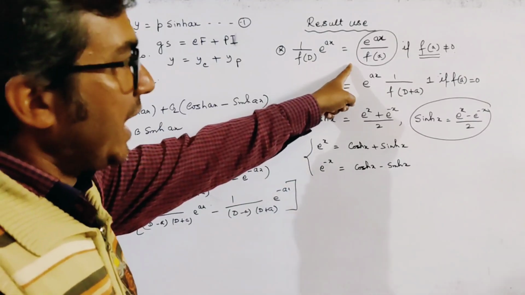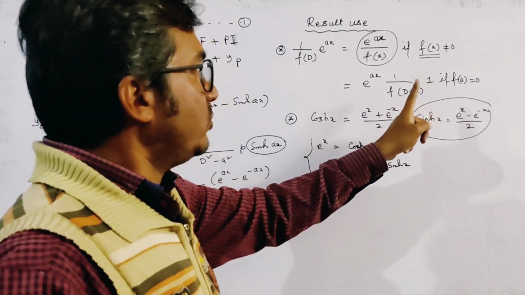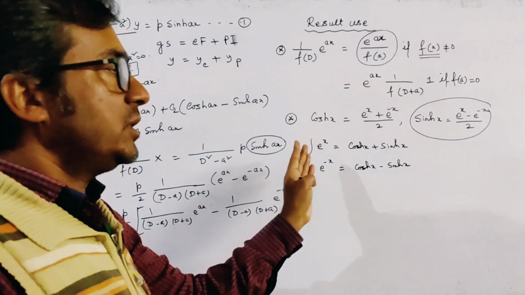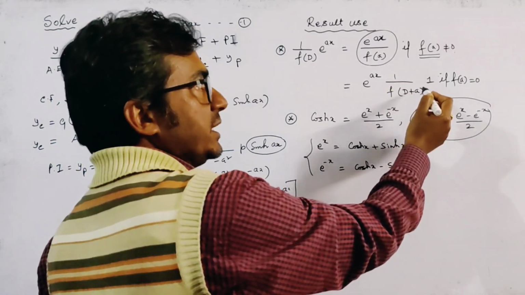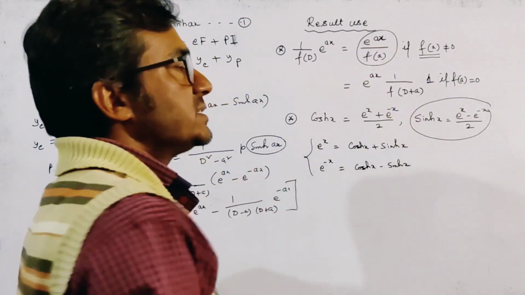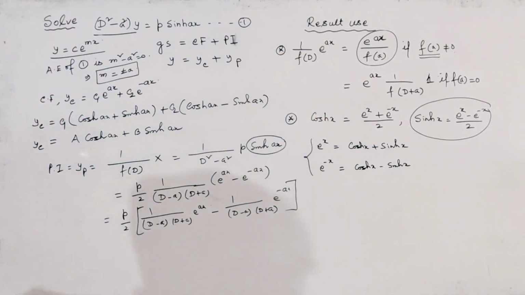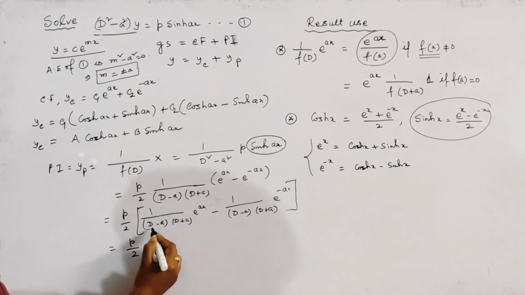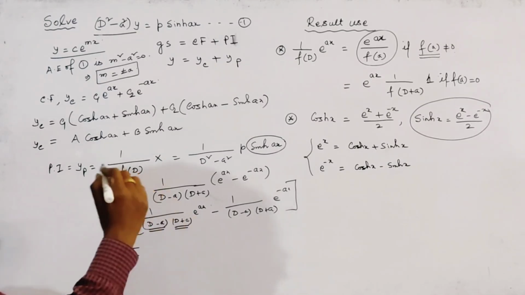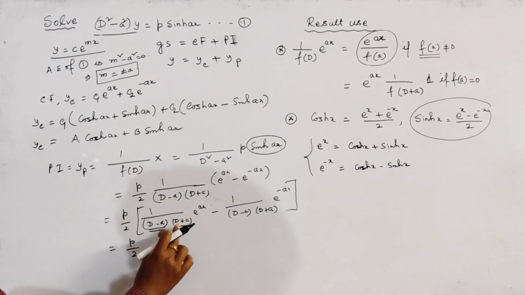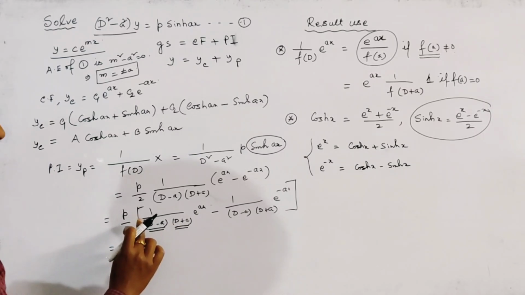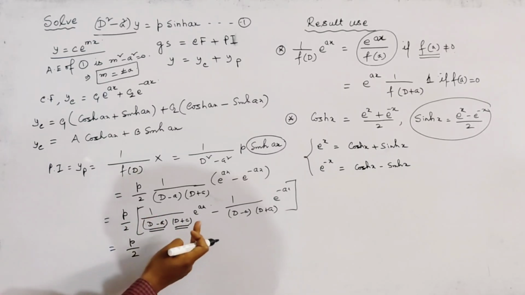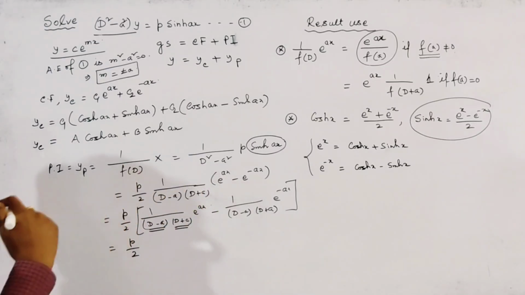And if f of a equals 0, then we write e to the power ax on the left, but D becomes D plus a, and 1 is written as the operating function. Clearly, if we put D equal to a here, this factor is 0, but in the other factor it is not 0. So we put D equal to a in that factor, but D equal to D plus a in this one, and write it on the left side of the factor.